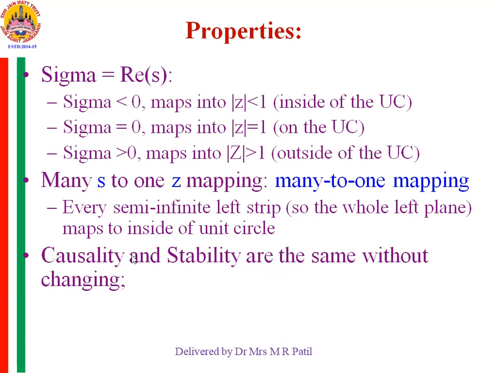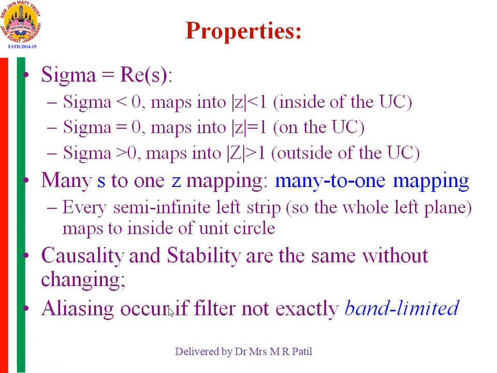So the causality and stability criteria remain the same without changing any other criteria. That is, for sigma less than 0, for stability, the pole locations lie inside the unit circle.